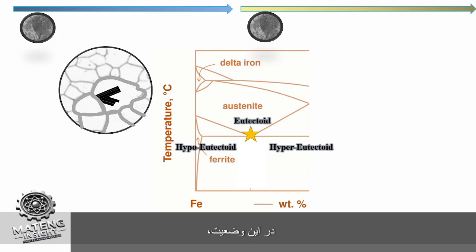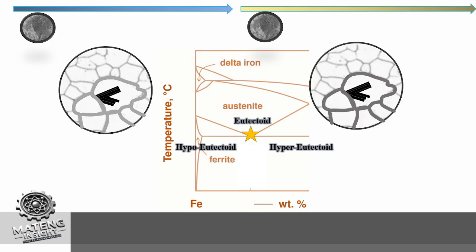In this situation, if the percentage of carbon in the structure is low, ferrite grains are formed at austenite grain boundaries, and then pearlite is created. And if the percentage of carbon is more, cementite is formed at the grain boundary first, and then pearlite will be formed.